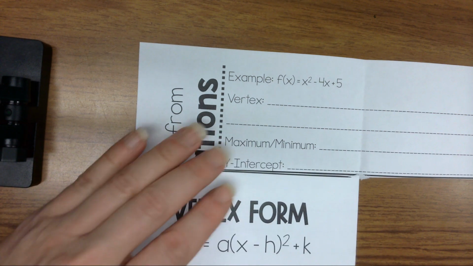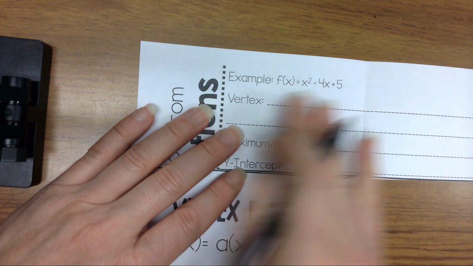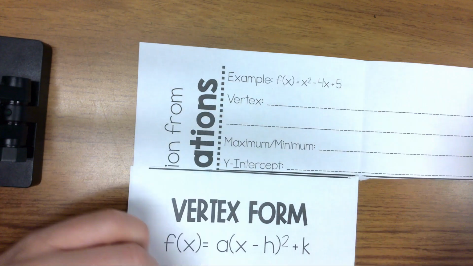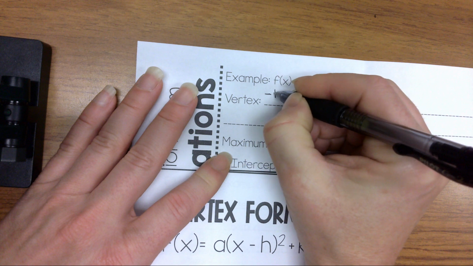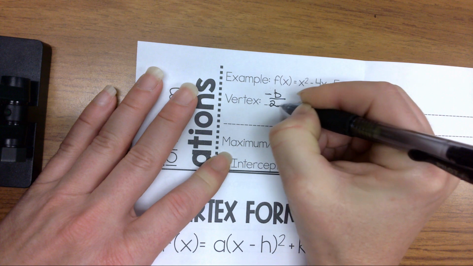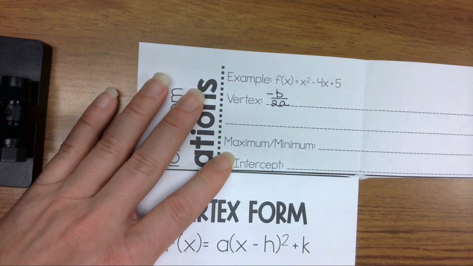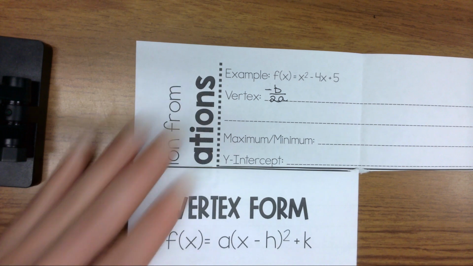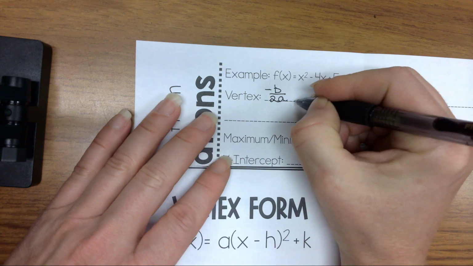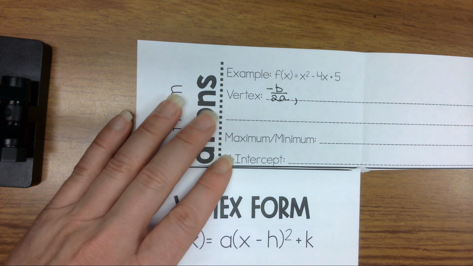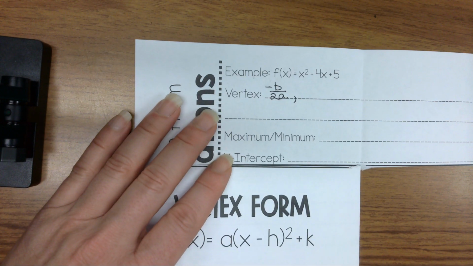So to find, in general, the vertex in standard form, we use the opposite of b over 2a, right? And then to find the y value, what did we do? We plugged it in.